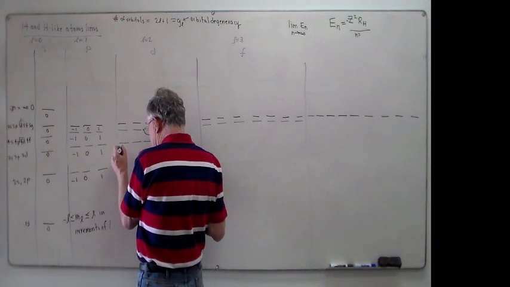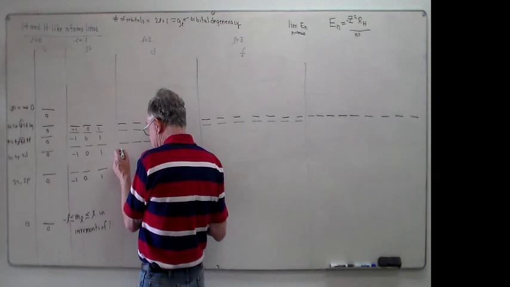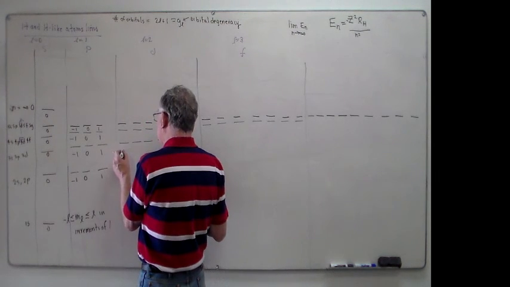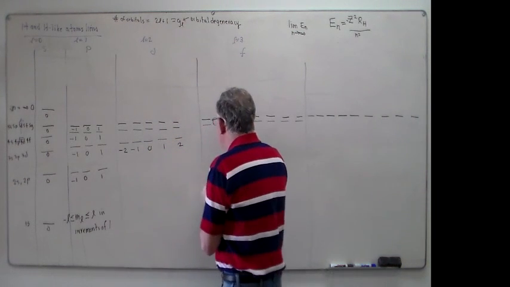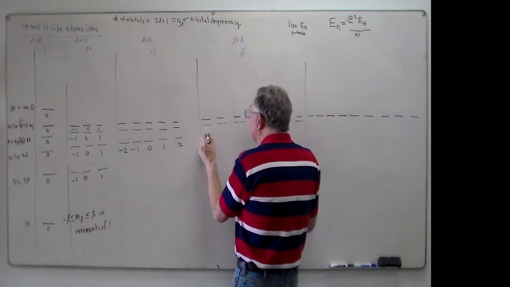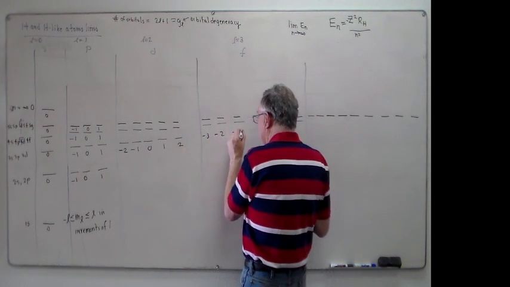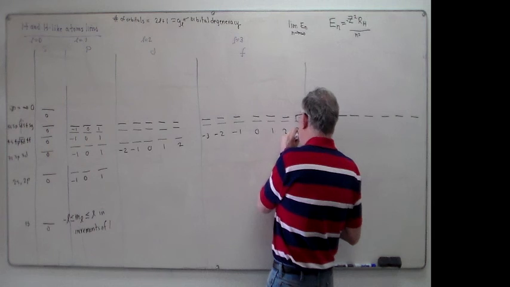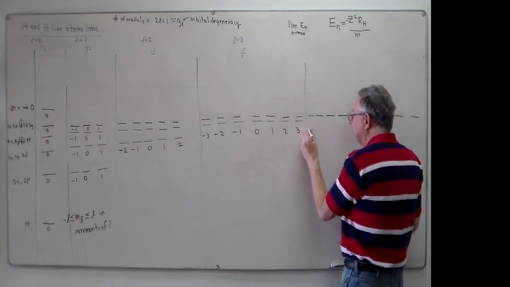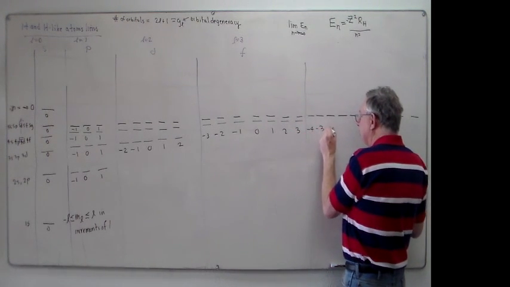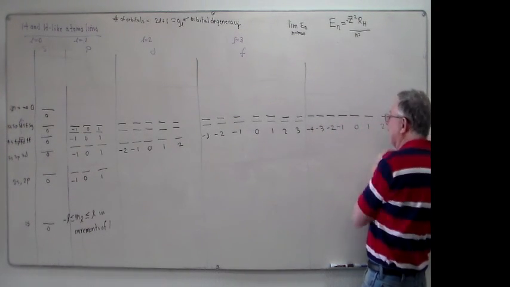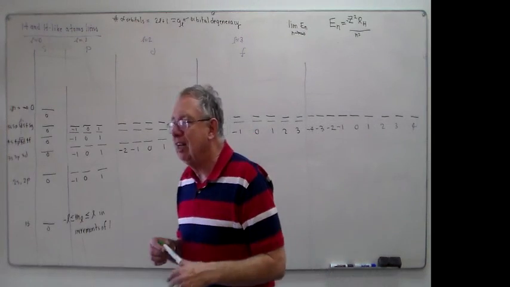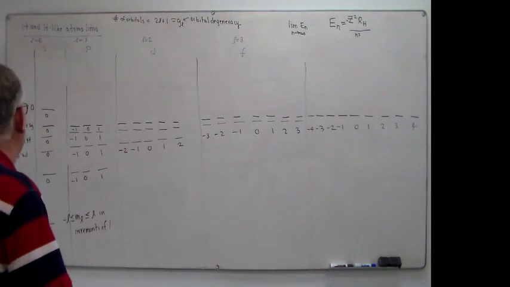The m sub L values start at what? Okay, what about f orbits? What about g orbits? What about h orbits? -5. Exactly right.